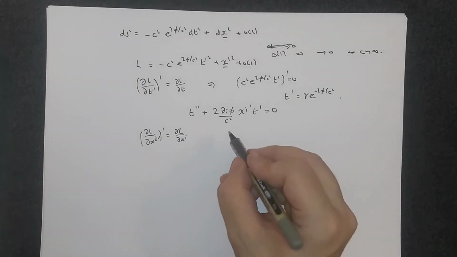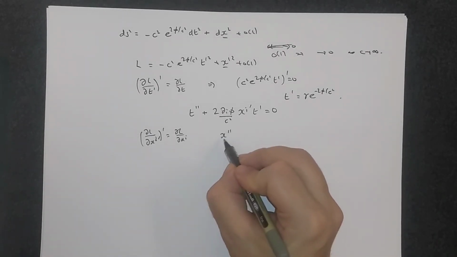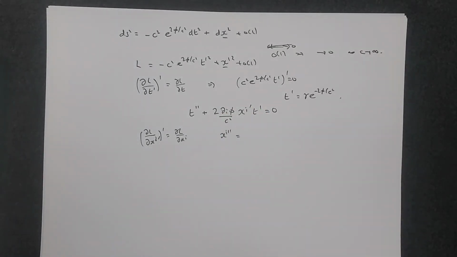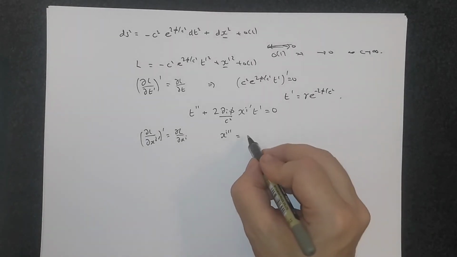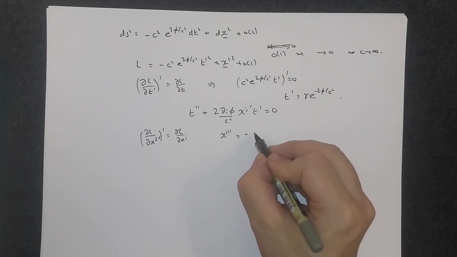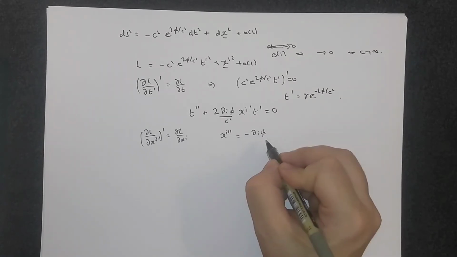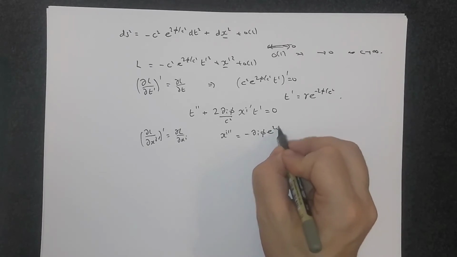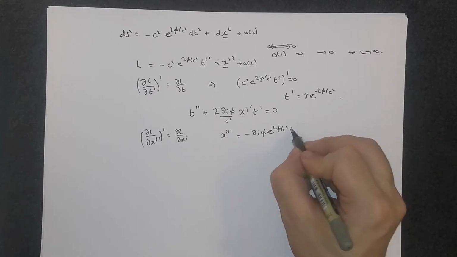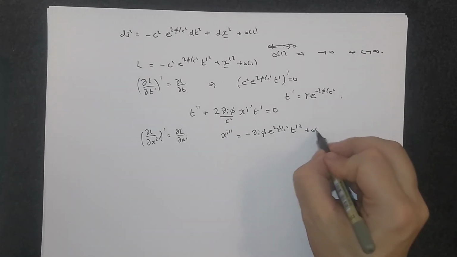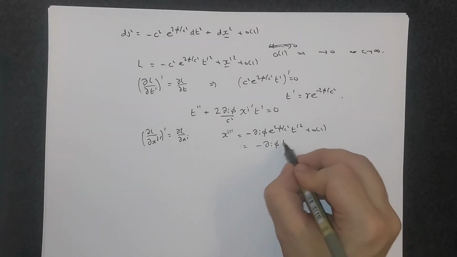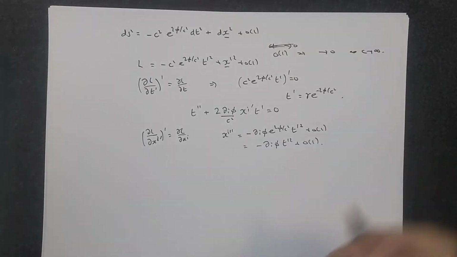That tells me that x double primed with component i is equal to minus di phi e to the 2 phi over c squared times t primed squared plus little o(1), and that's minus di phi t prime squared plus little o(1).